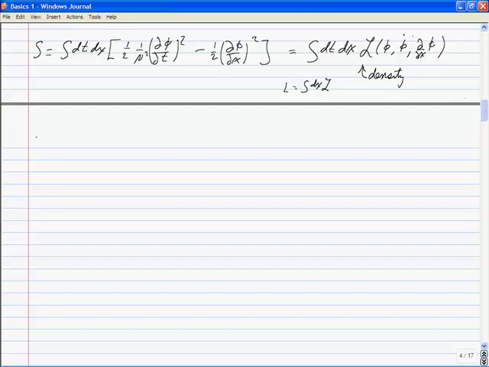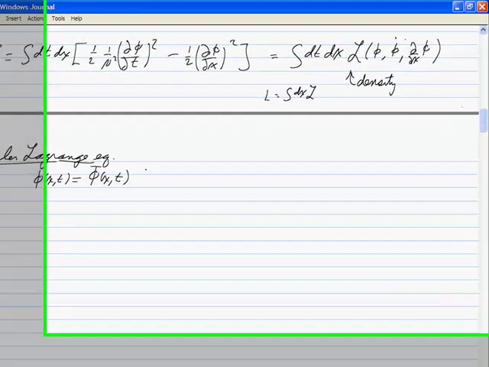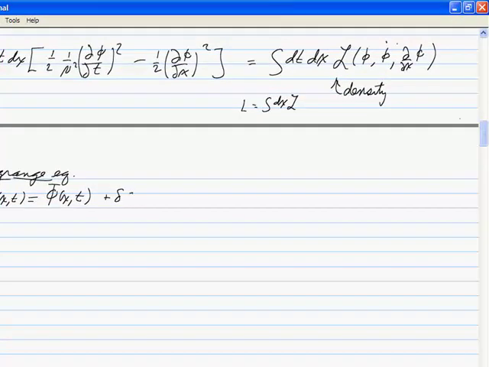All right, let's get the Euler-Lagrange equations. To do the variational principle, we'll imagine that this field phi of x and t has some value, phi bar of x and t, that satisfies the classical equations of motion, plus delta phi.